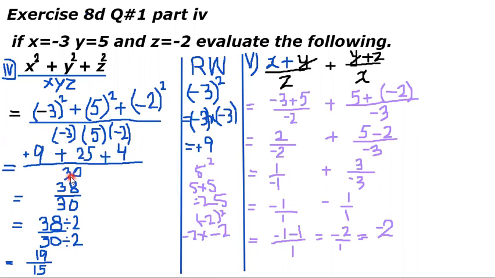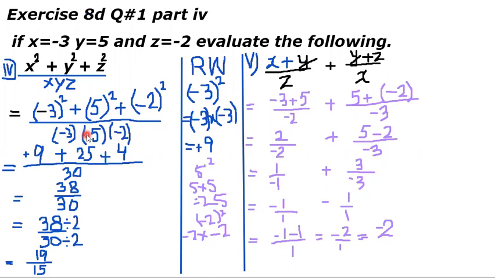It gives us 38, and in the denominator we have -3 multiplied by 5 multiplied by -2. If we multiply, first we will multiply the signs. Minus and 5 has a positive sign. You have to remember this, because 5 doesn't have any sign, it means it has a positive sign.